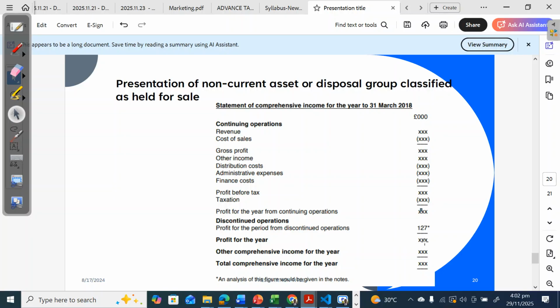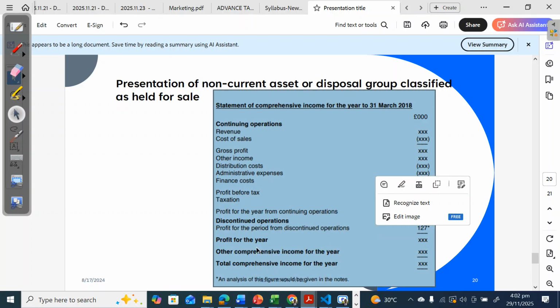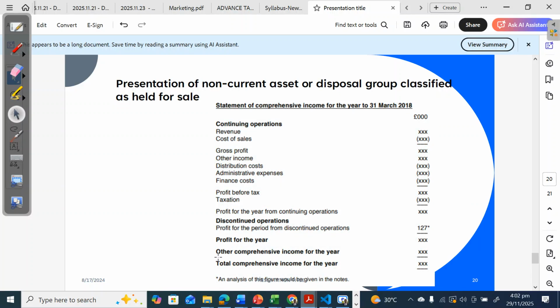So the profit for the year is the continuing operation plus the discontinued. In case the discontinued operation gives a loss, you deduct it from the continuing operation profit.